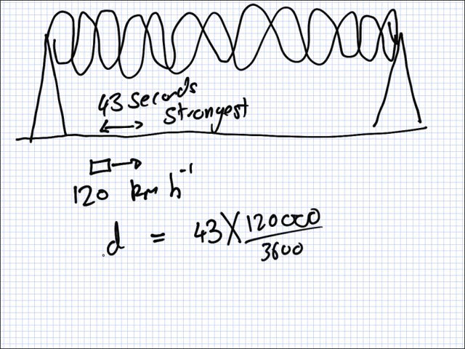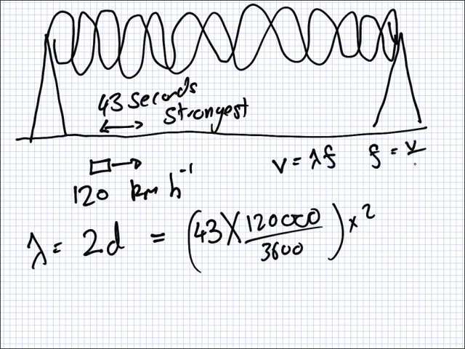Now, do you remember we said twice the distance is the wavelength? So this multiplied by 2 is the wavelength. And remember, we have V equals lambda F. So F equals V over lambda.